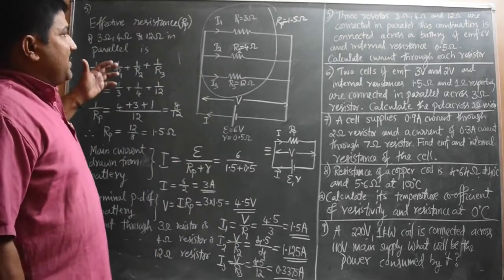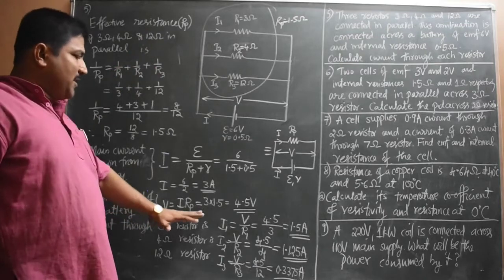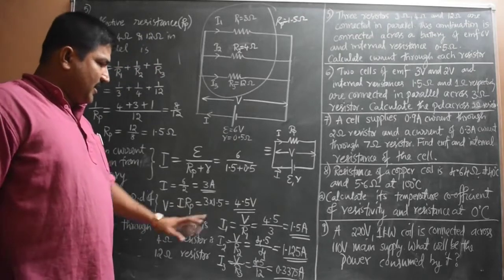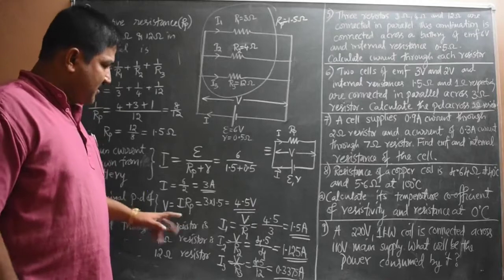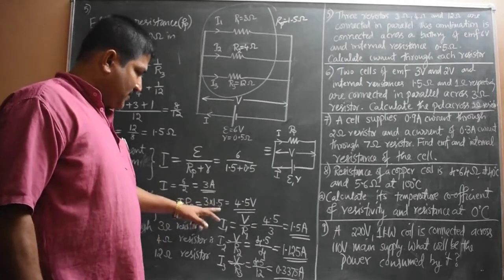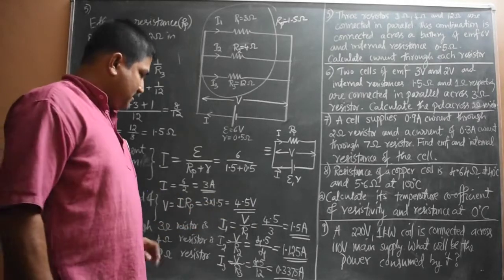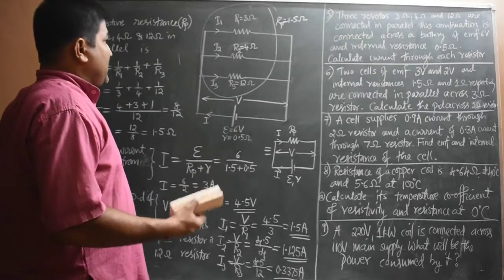This is a very important problem. They may ask only up to the terminal PD in the annual exam. This year the same question was asked in the annual exam on March 20th. So the problem idea is very important.